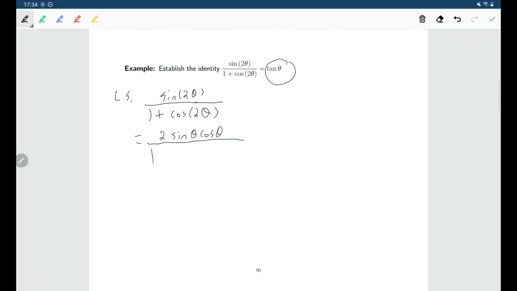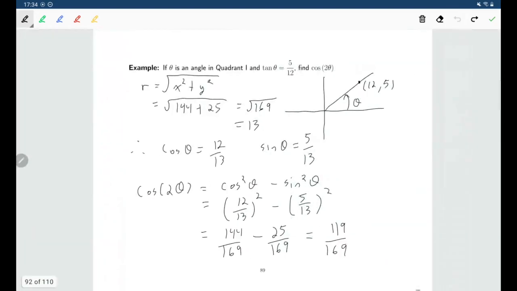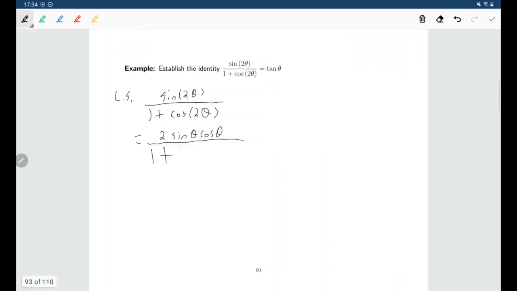And you'll notice there's no stray ones lying around there, which means that I ideally need to get rid of this one. So I'm looking at the three identities, and I see that if I were to use the second of them, if I were to replace cosine 2 theta with 2 cosine squared theta minus 1, the 1 and the minus 1 would cancel each other out, and so I would be in a much nicer position now.